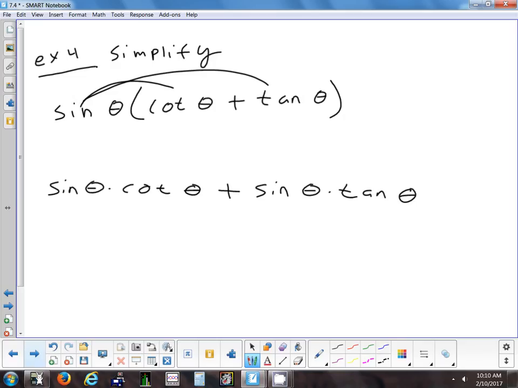Now, what could I do with that? All right, so change cotangent to, what did you say?